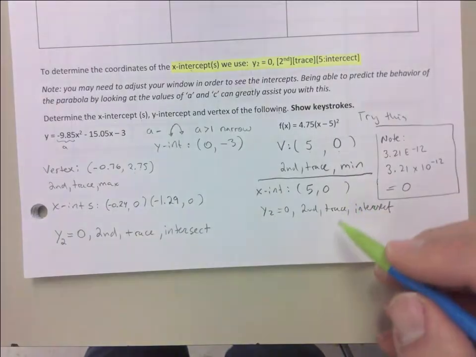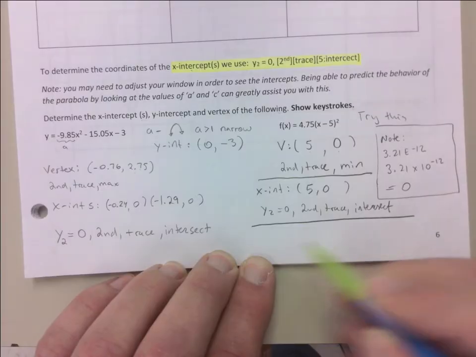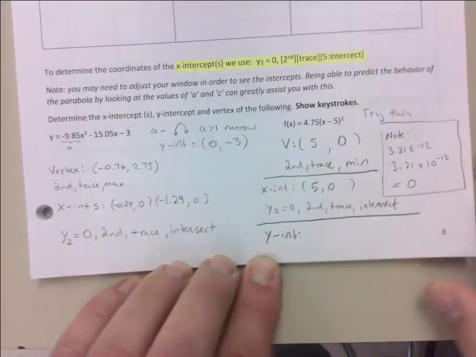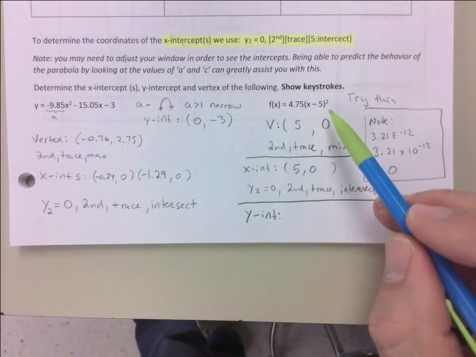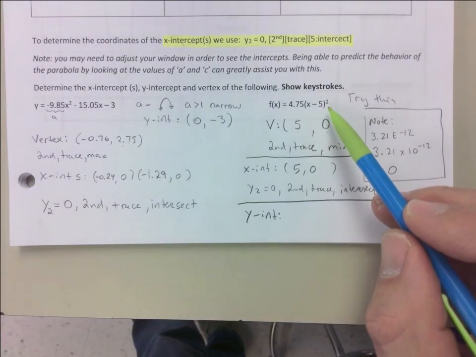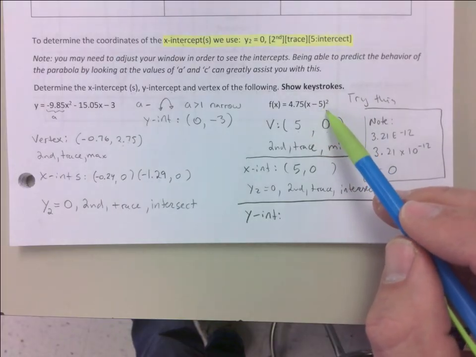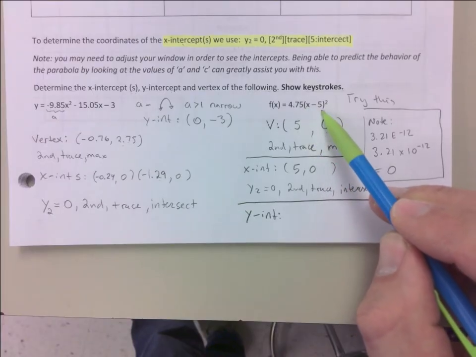What about the y-intercept? This is new. Write this down. Can you get the y-intercept just by looking at the equation? Is this in general form? It's not, because it's got a bracket, right?